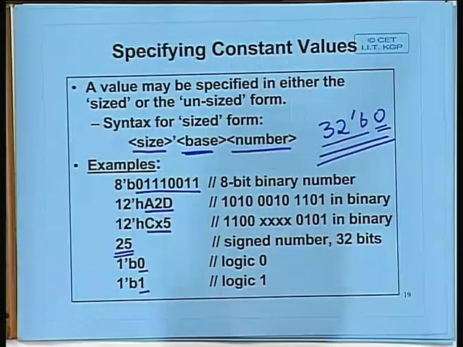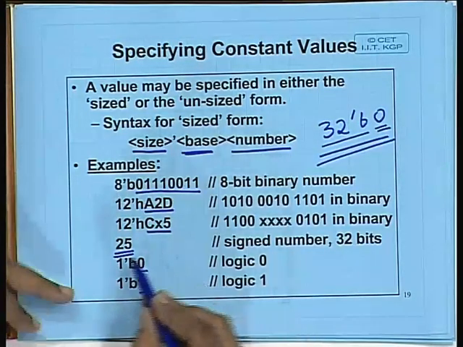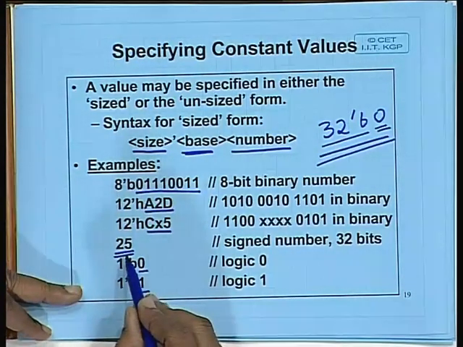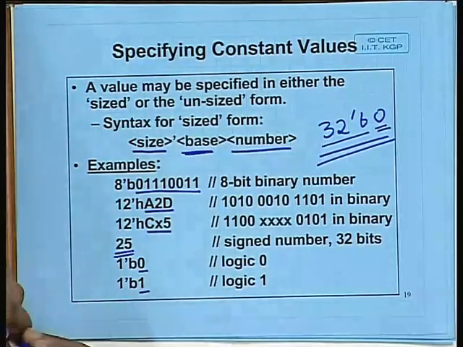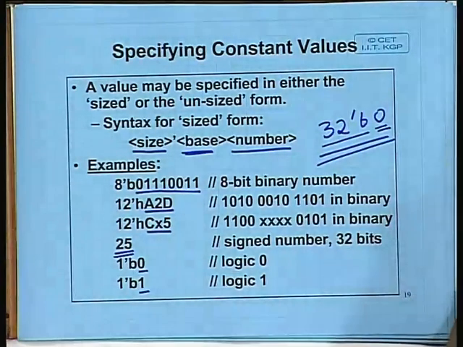If you do not specify anything, simply 25, the default is 32 bits, and it will be taken in decimal by default. You can assign it to a register, but you cannot assign it to a wire, because a constant cannot drive a wire, only another module can drive a wire.